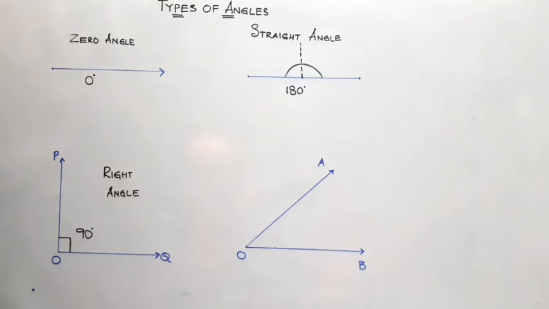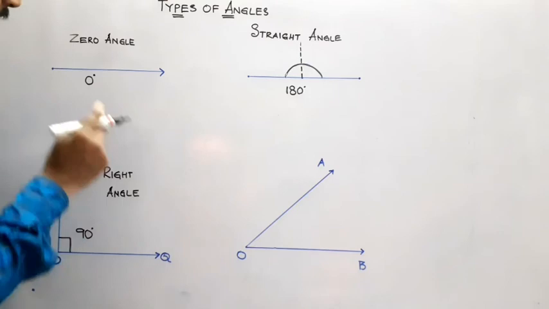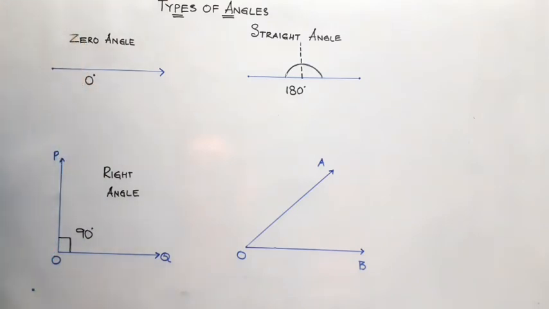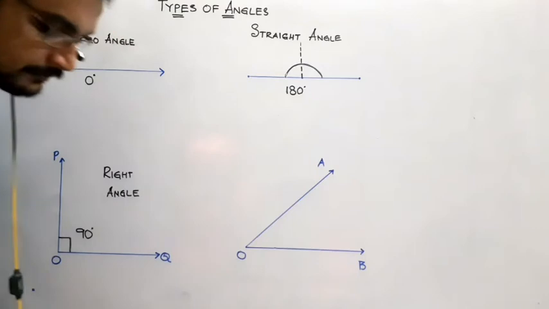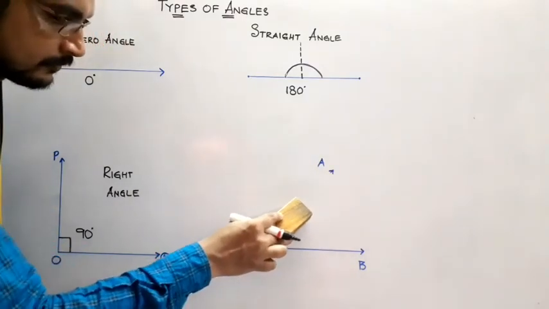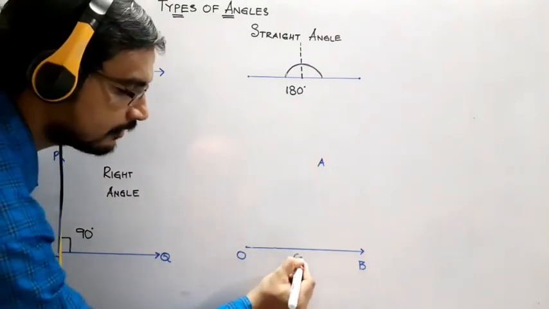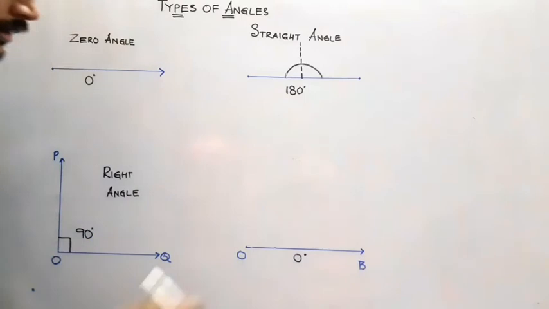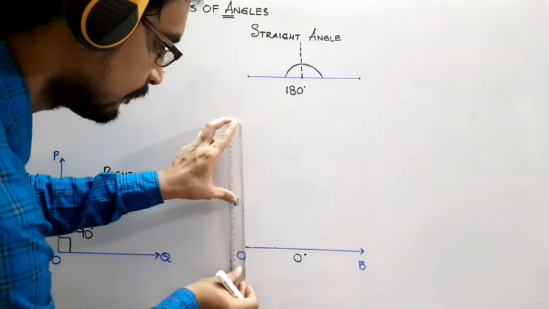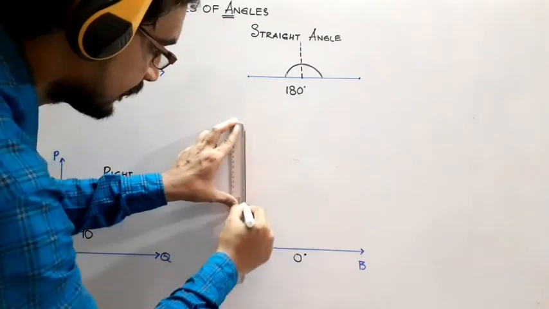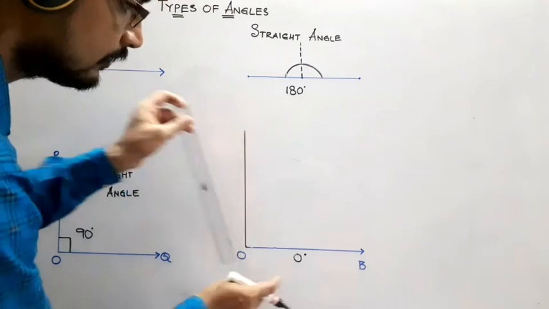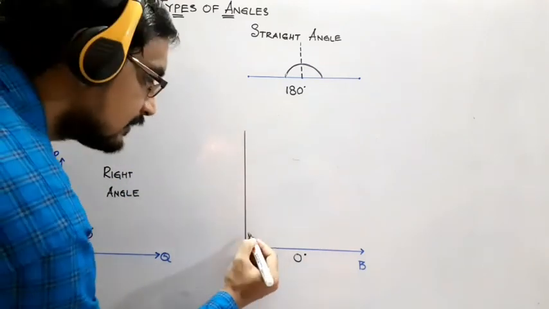So when the angle measure of an angle is between 0 degrees and 90 degrees, for example, this is 0 degrees, and we came to know that 90 degrees is going to be a straight line like this. So this is 0 degrees and this angle measure is 90 degrees.